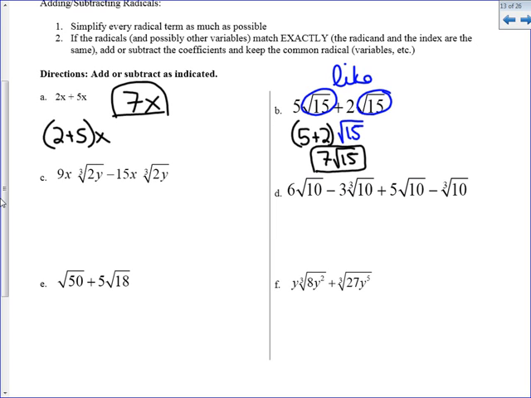So if I look at C, are those two like? Yes. What makes them like? They both have a cube root of 2y. So what parts do I add?